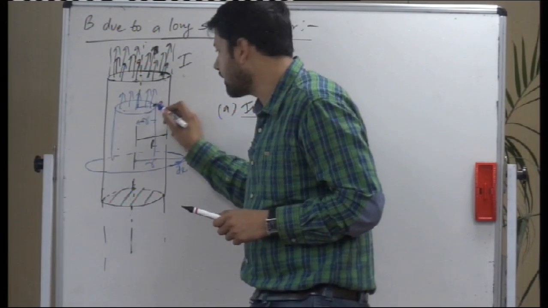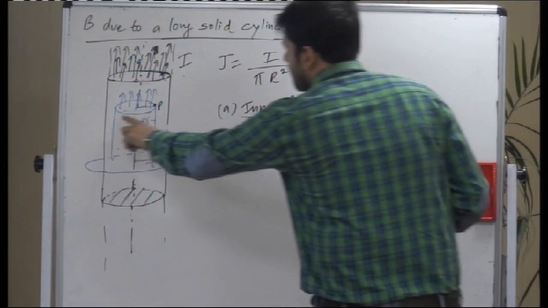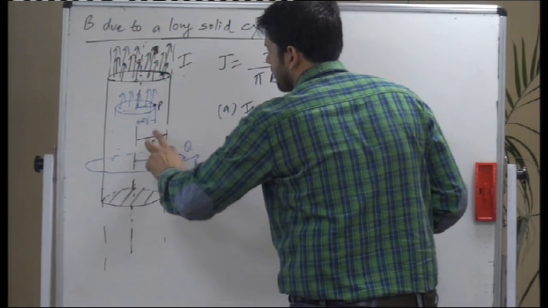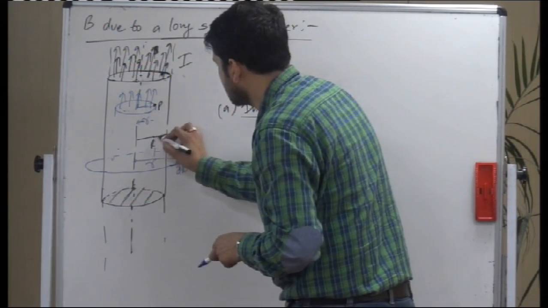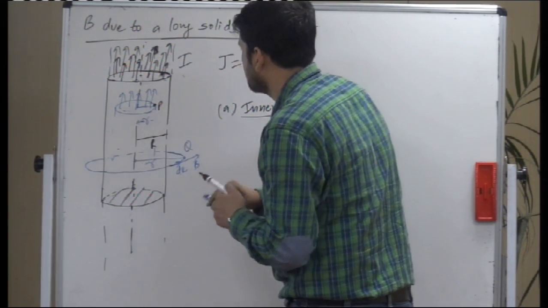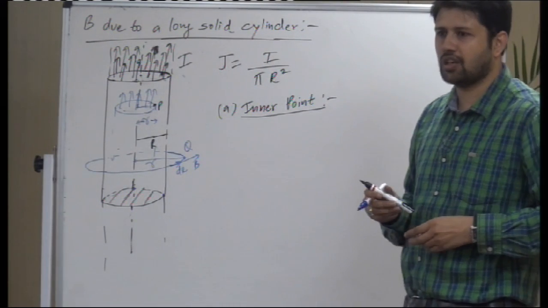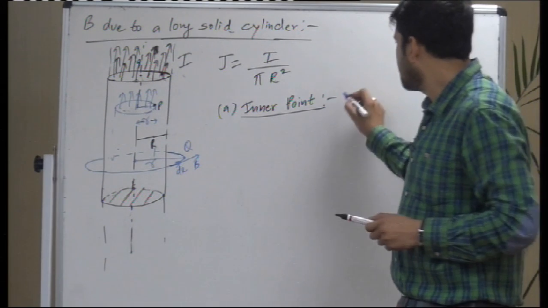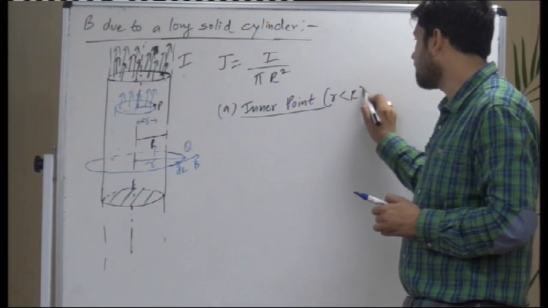Let's say we have a point P, for which the Amperian loop would be, let's not draw this. We have a point P at a distance small r from the axis. So we have this condition that small r would be less than capital R.